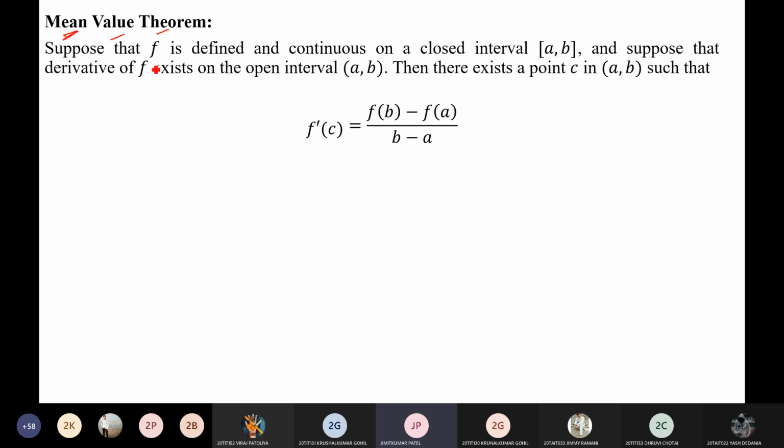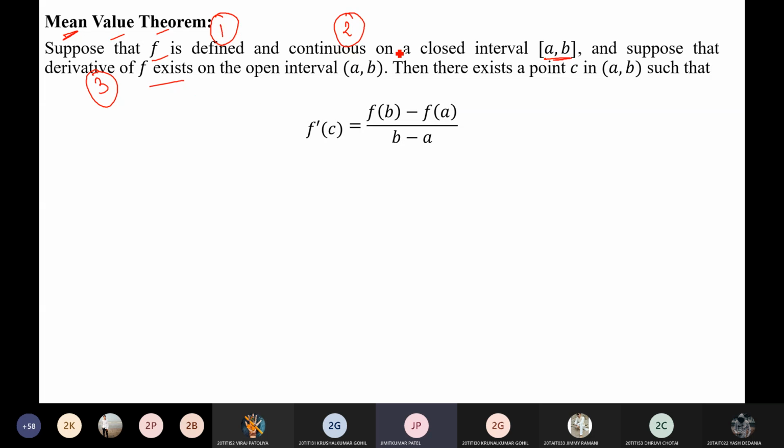Suppose that f is defined and continuous on a closed interval [a, b], and suppose that the derivative of f exists on the open interval (a, b). So first condition is it will be well defined, number 2 is it is continuous, and number 3 condition is differentiable.